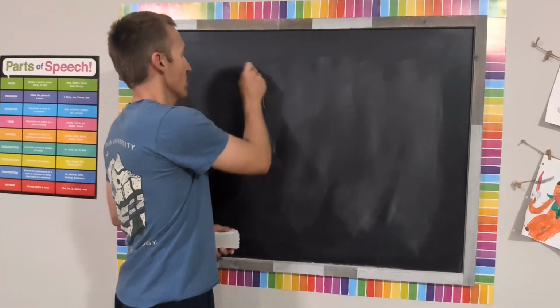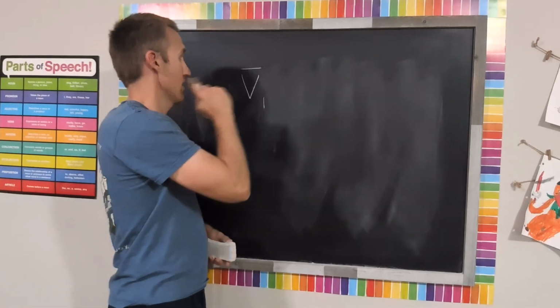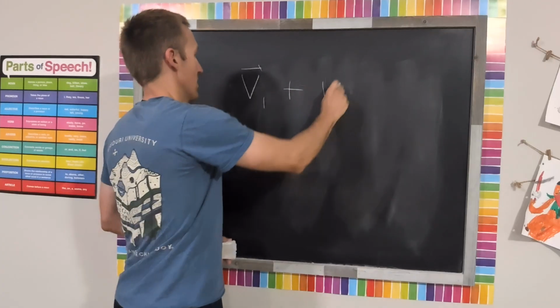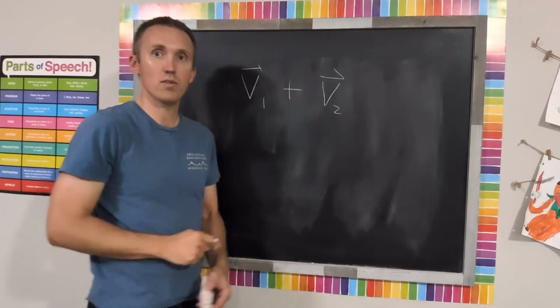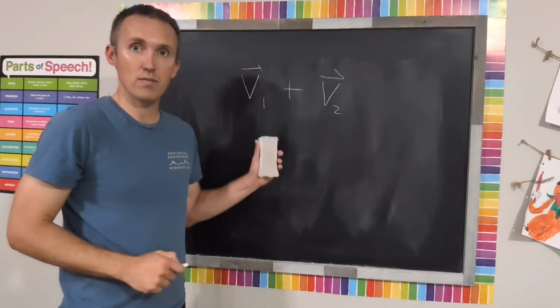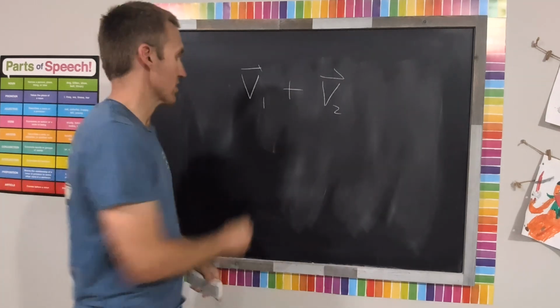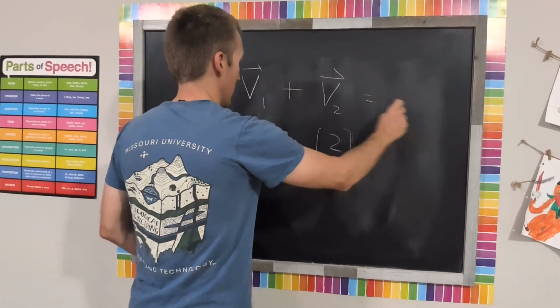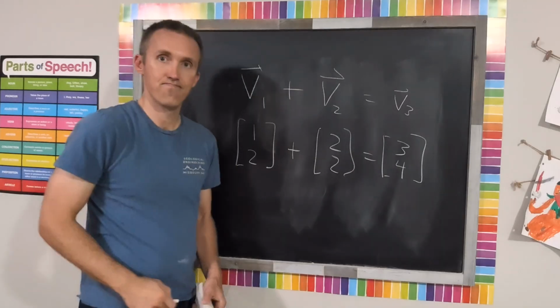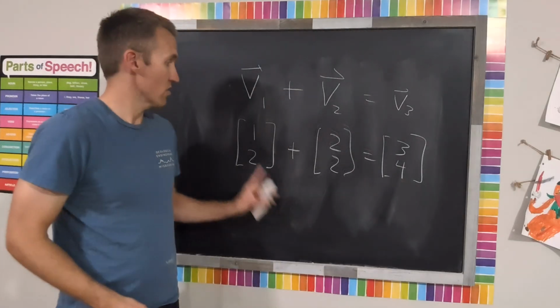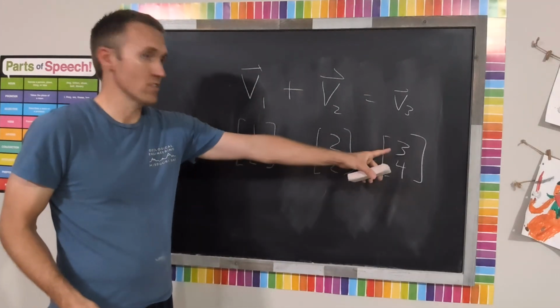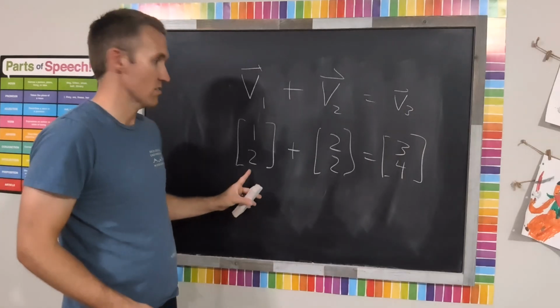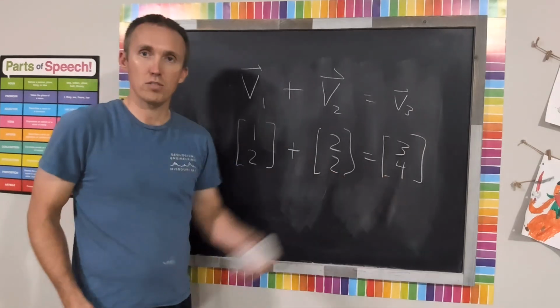So if I have one vector, and I want to add another vector, then I would just add the numbers that are in those two vectors. Pretty straightforward. So just adding the top numbers together to get the number in that last vector, and then adding the bottom numbers together.